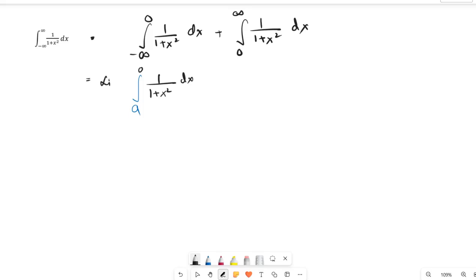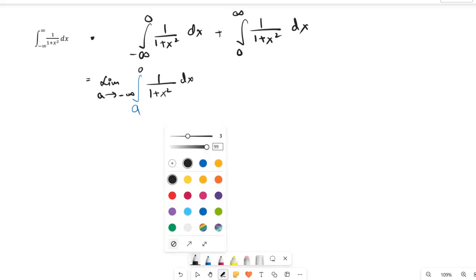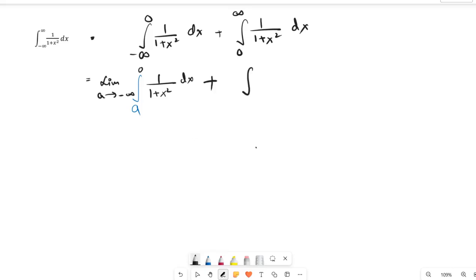But I'm going to take a to negative infinity. Similarly, in the second integral, I'm going to write everything the same, but the upper limit I'm going to change to some number, say b, and I'm going to approach b to infinity. We need to split it like this because both the limits are different, negative infinity and infinity.